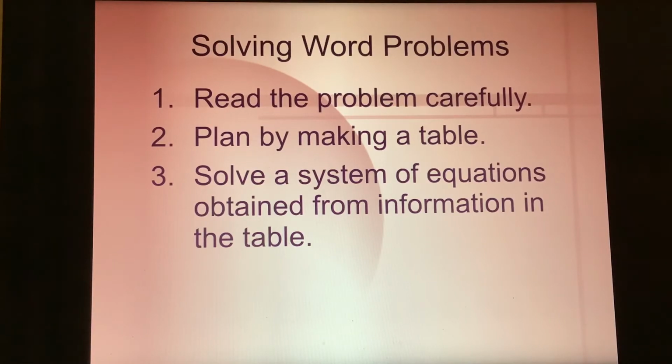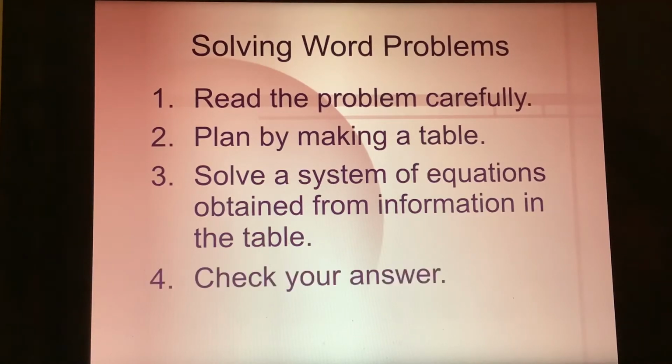You would plug your numbers into the different sections of the table, and then that will help you solve the system of equations. And then you check your answer to make sure that you have it correct.